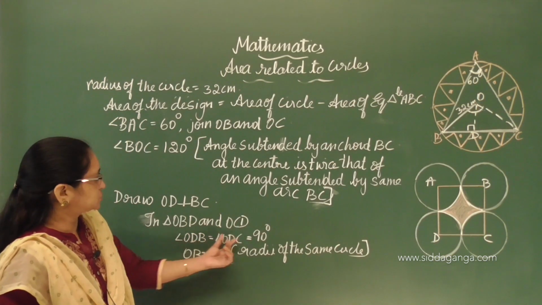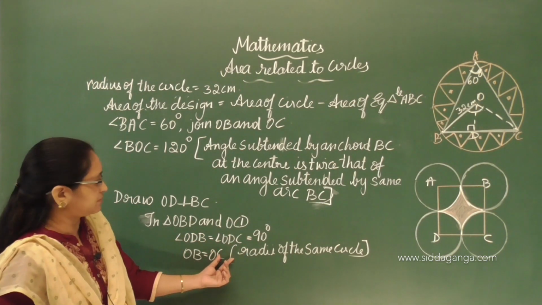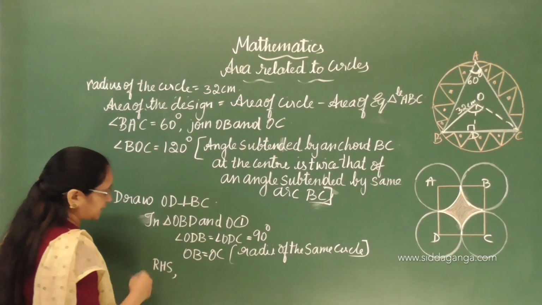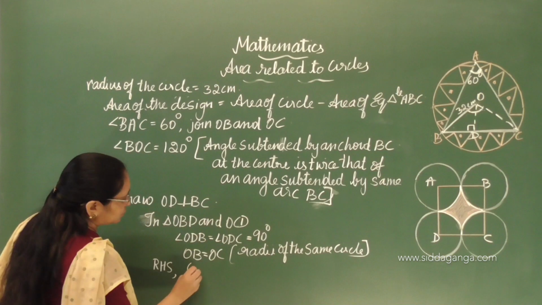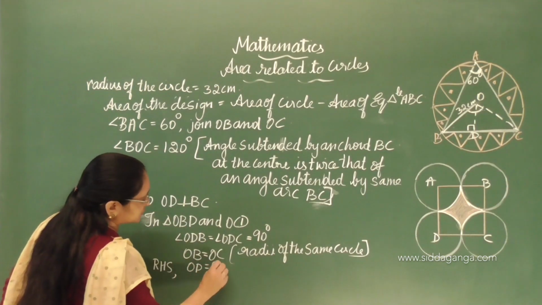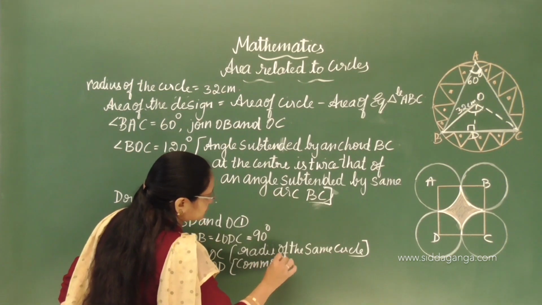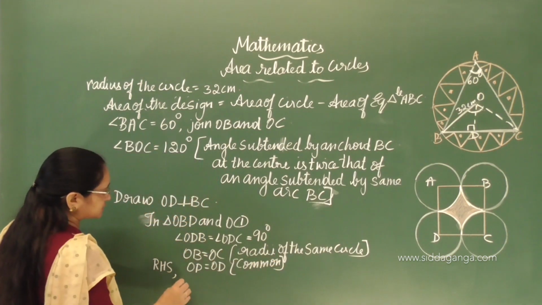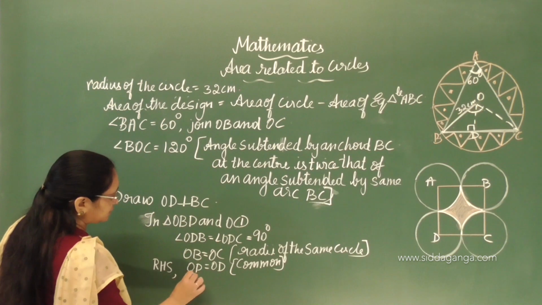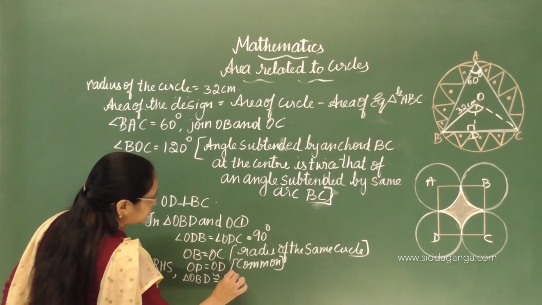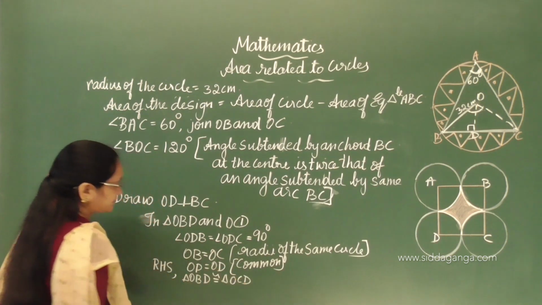Okay, these two are equal. OB is equal to OC, by RHS criteria, and one more, OD is equal to OD because it is common. So therefore, by RHS criteria, triangle OBD is congruent to triangle OCD.